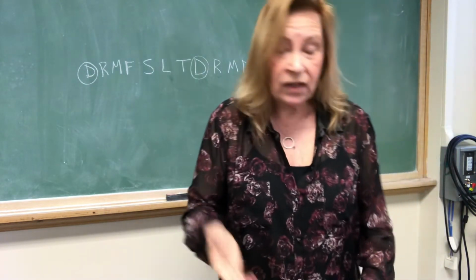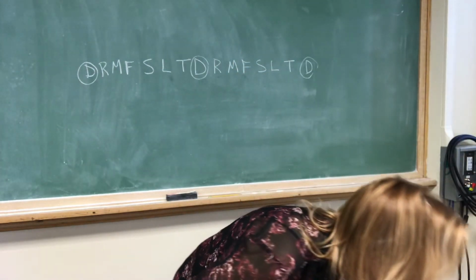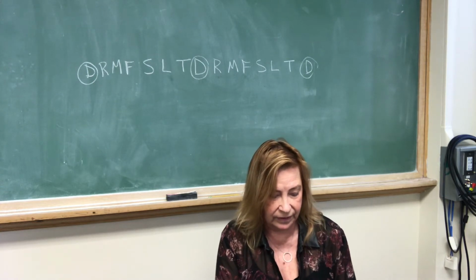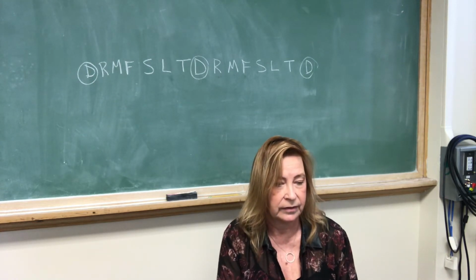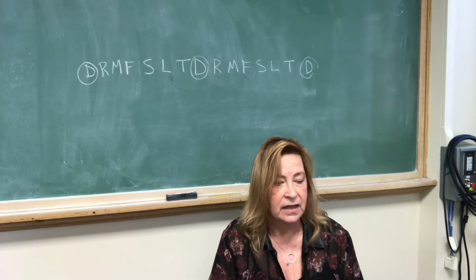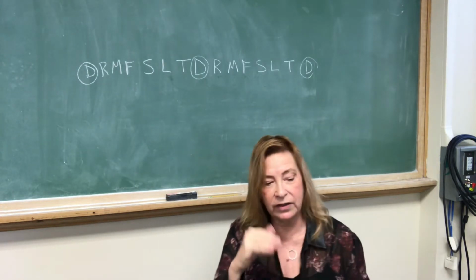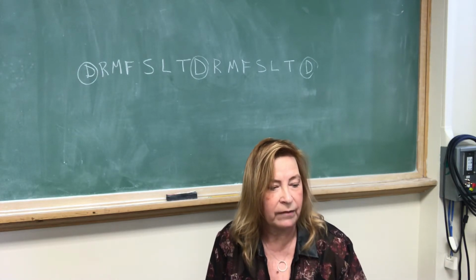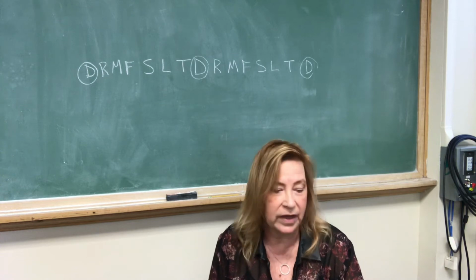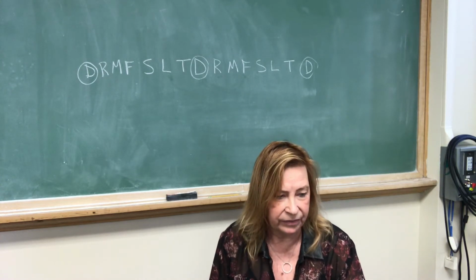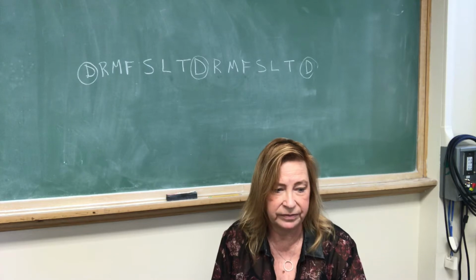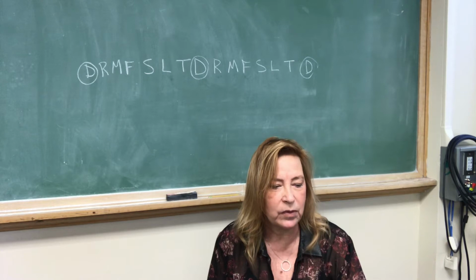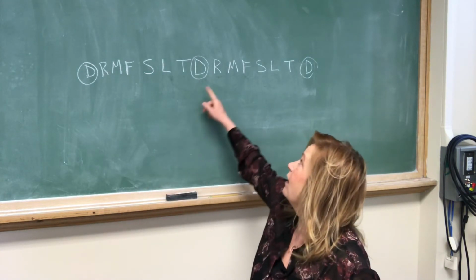Okay, so let's take a look at 8.1. We're in D major. I want you to look at the third measure. So, first two measures, very obviously, we have the tonic triad. And when we get to the third measure, what do you see outlined there? Something we were just talking about, right?